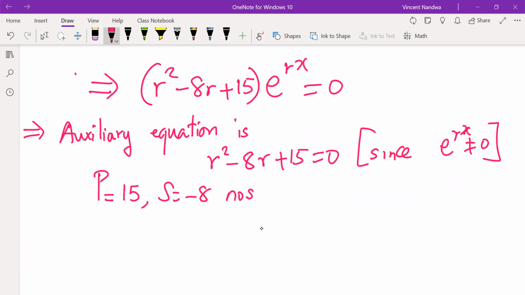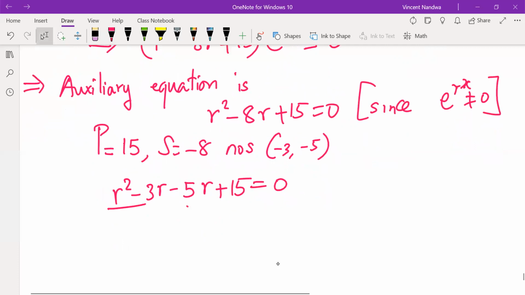numbers will be given by minus 3, minus 5. So that we'll have r squared minus 3r minus 5r plus 15 equals 0.